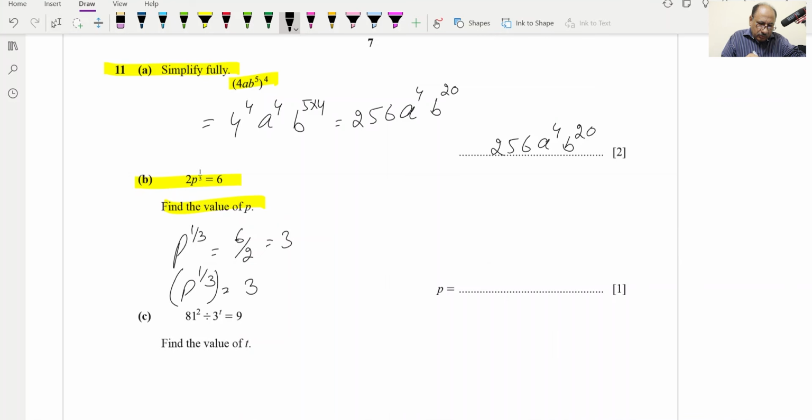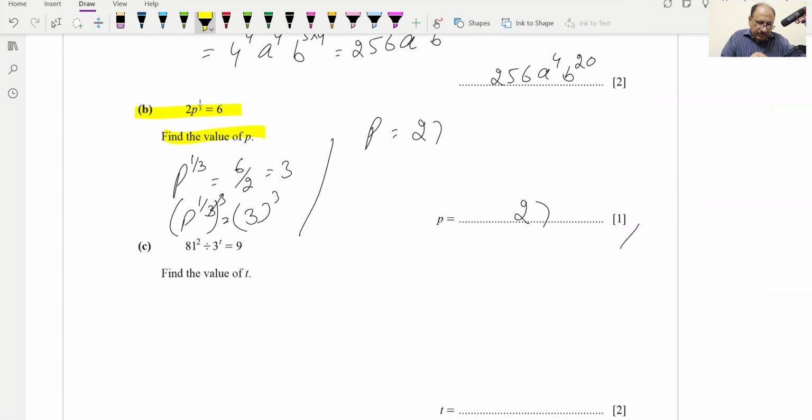Now we can take cube on both sides and this 3 will be cancelled and p will be equal to 3 3s are 9, 9 3s are 27. So this will be 27. 1 mark question. C part says 81 square divided by 3 t, 3 raised by t is equal to 9.